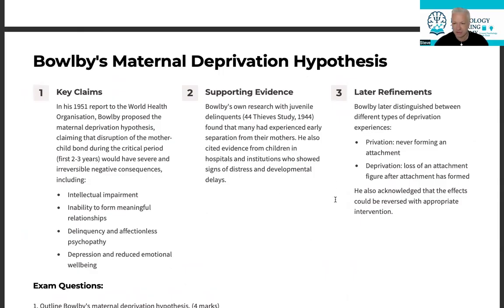Bowlby carried out a study called 44 Juvenile Thieves. They found that a lot of the delinquents had experienced separation from their mothers. He also cited evidence for children in hospitals and institutions who showed signs of distress and developmental delays.